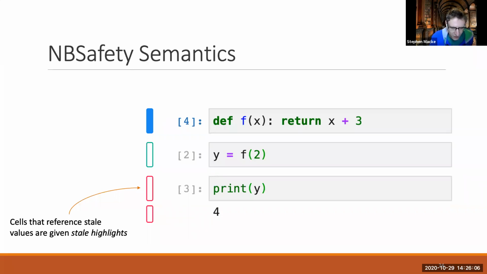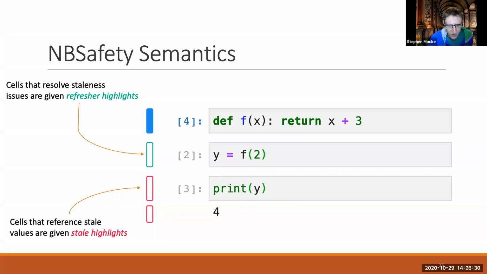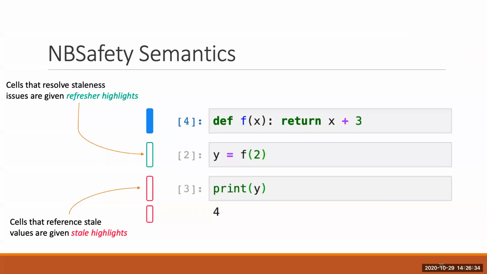So first of all, cells that reference stale values, or values that depend on a stale version of the thing that we redefined, are given stale highlights in red here. And similarly, in order to resolve this staleness, cells that help resolve staleness are given these refresher highlights.